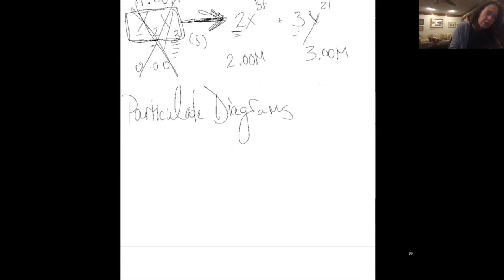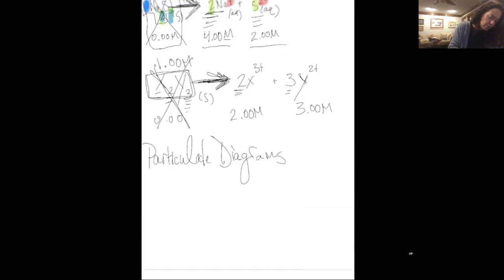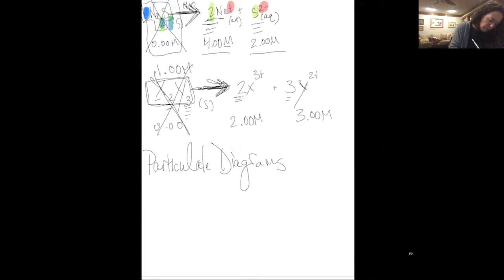So let's look at that in terms of particulate diagrams. In this case, we're just going to look at how these would be represented in solution.